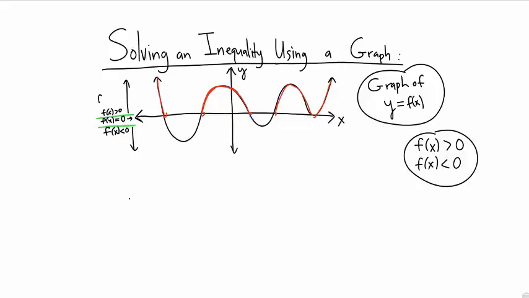So let's draw the x-axis again down here. And suppose we've been given the x-coordinates of these x-intercepts: minus 8, minus 3, 1, 3, and 7. So for what values of x is f of x positive?